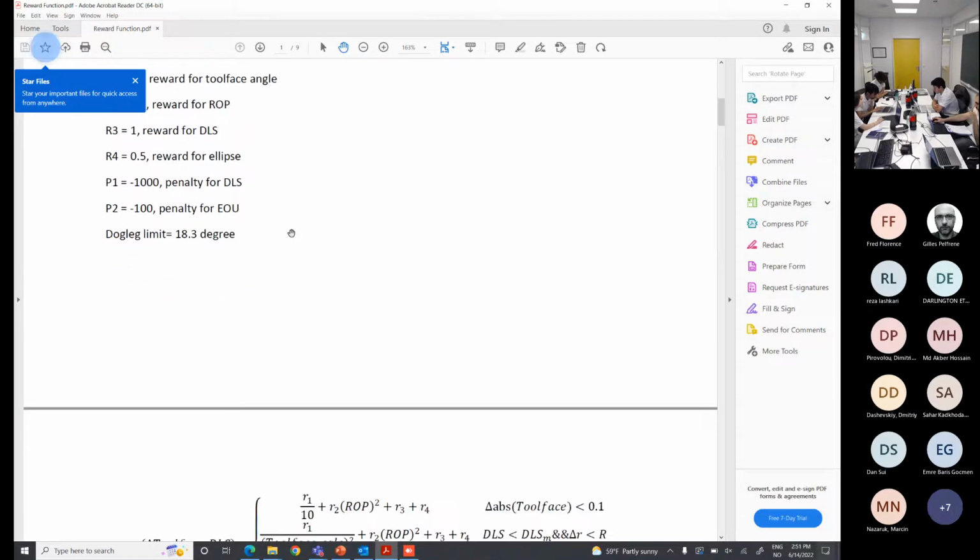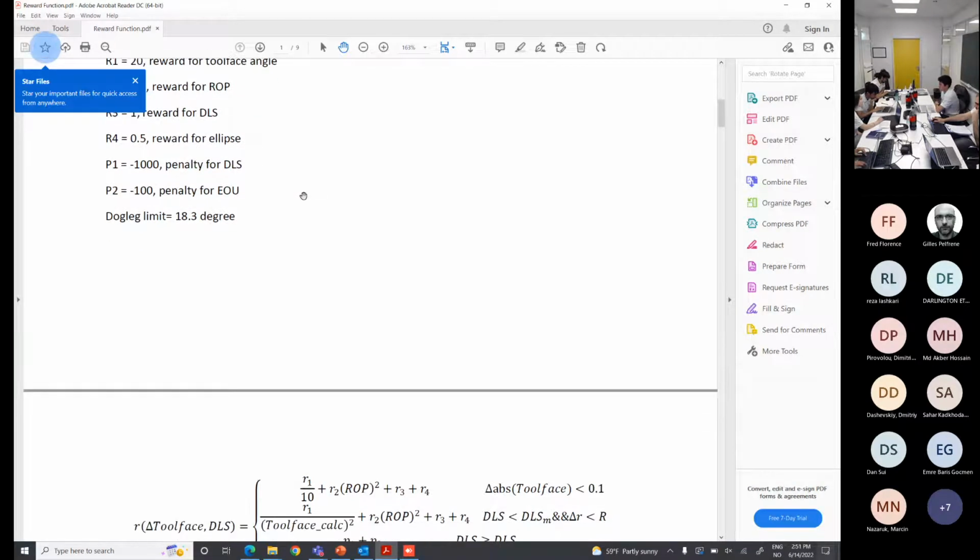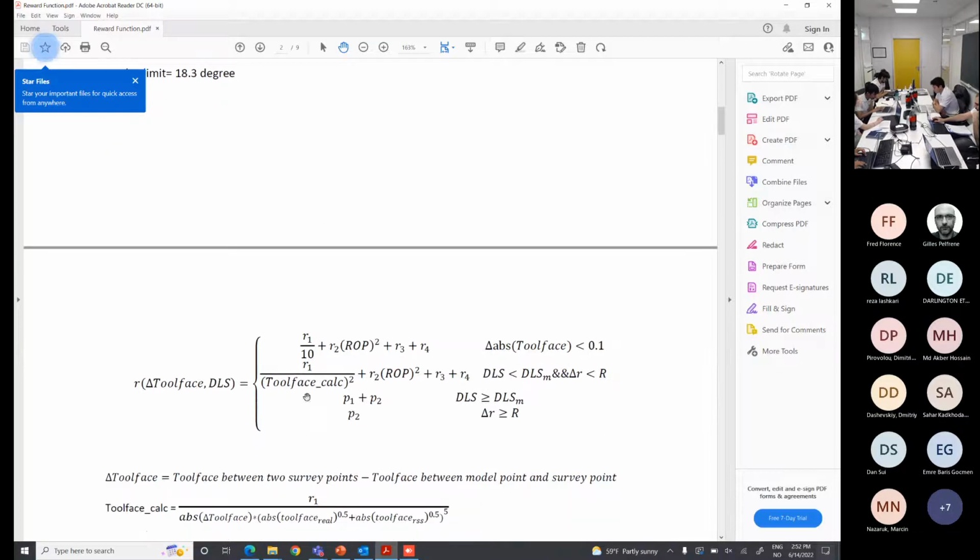In this case, I determine the ellipse manually, but I am also calculating that ellipse by using the ellipse of uncertainty. And this is the structure of the reward function. If the tool face value is very low, it causes a very high reward. It is giving an error in my algorithm, so I stabilize it at some value.